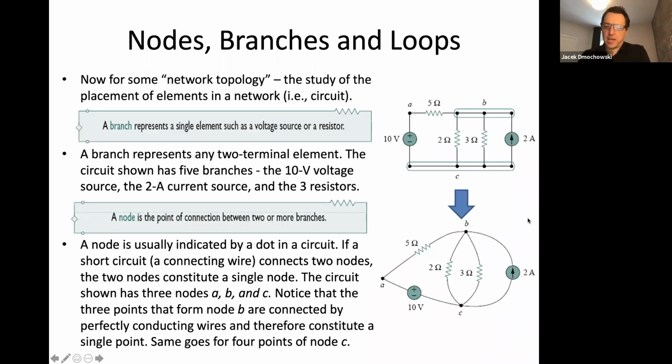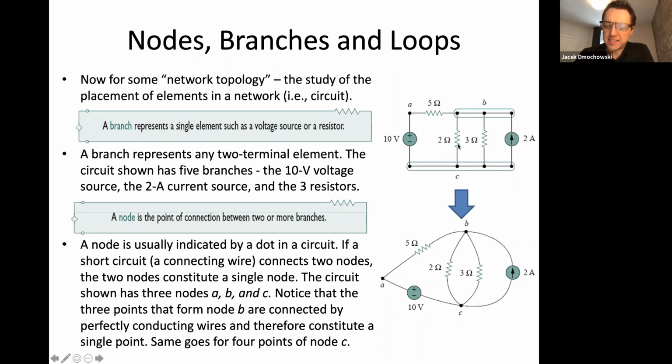And so notice that node B here is still connecting, for example, the 2 ohm resistor is in between node B and C. Whereas the 10 volt source is between nodes A and C.